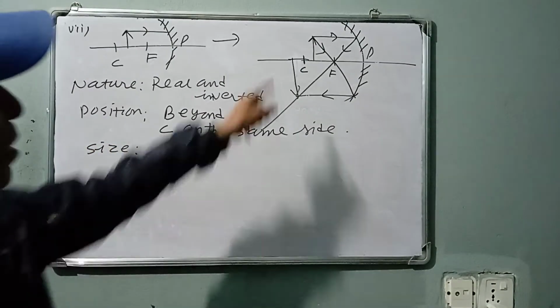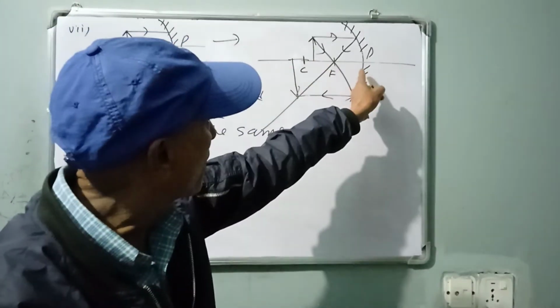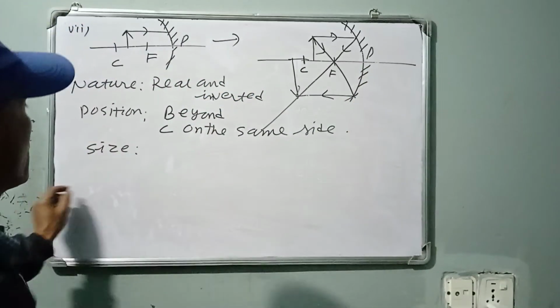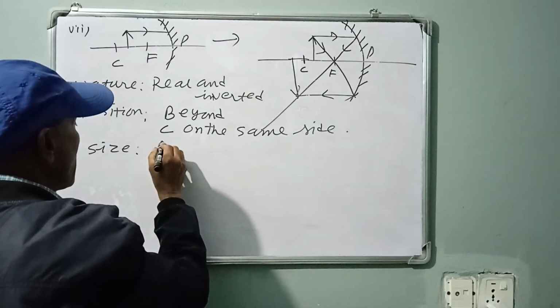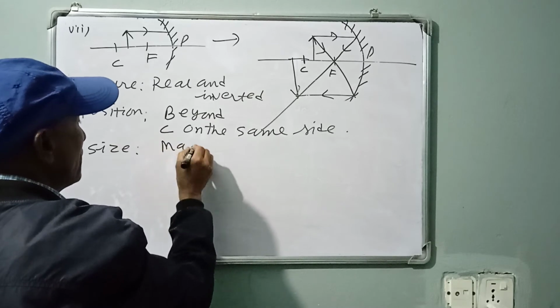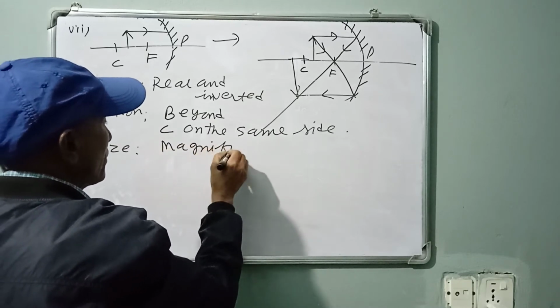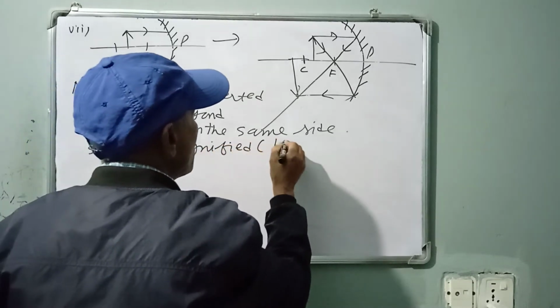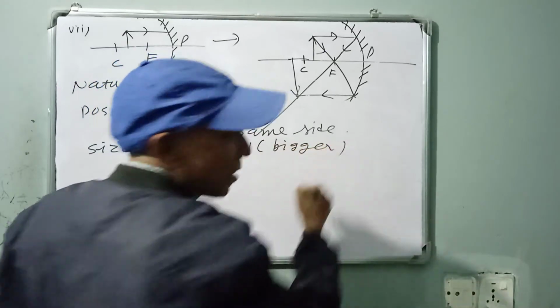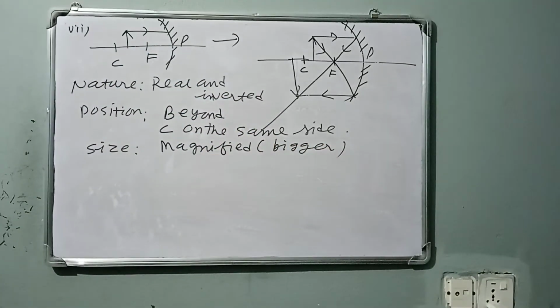Now, when the object is placed between C and F, the image is bigger. Say magnified. Magnified means bigger than the object. How to write down the language?